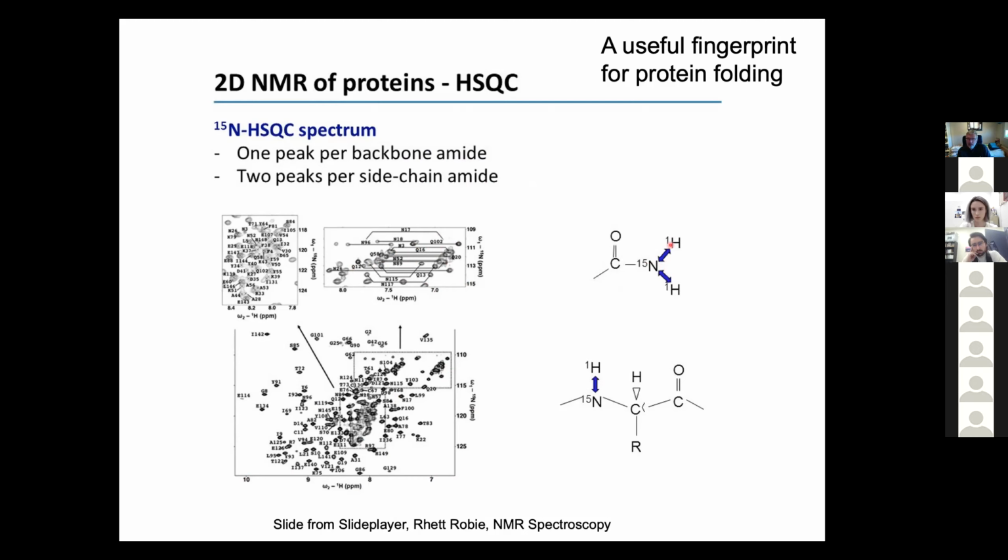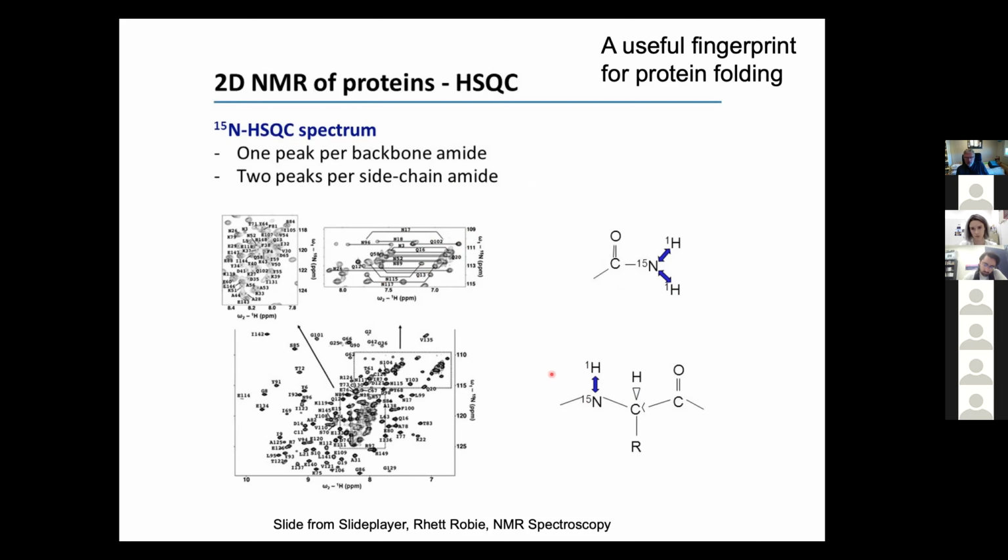So those 2 hydrogens are both coupled to the same nitrogen. So they should have the same nitrogen shift, but they have different proton shifts. So that's why you can draw a line through them, which is their nitrogen shift, but they have different proton shifts. But you can recognize those, and they don't really add much to your structure calculations.